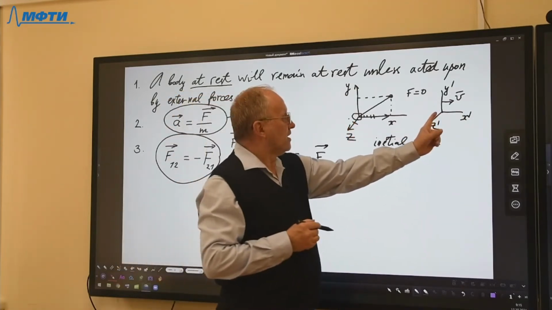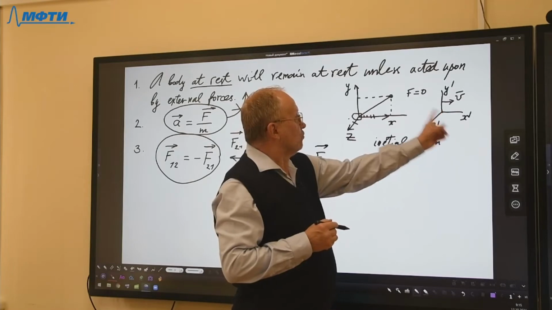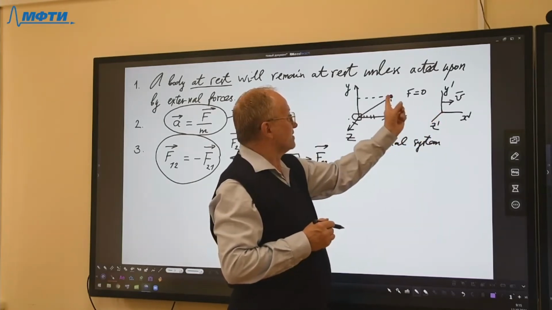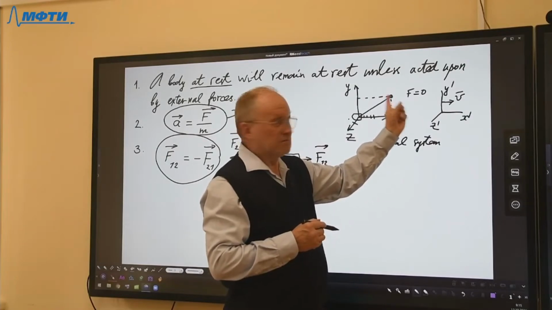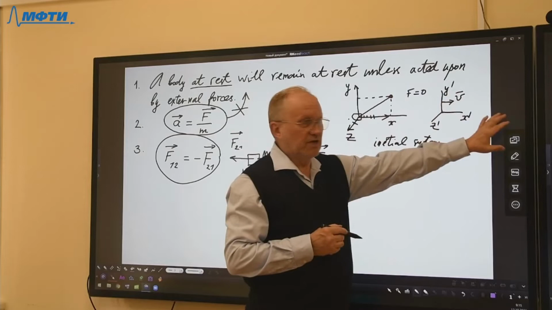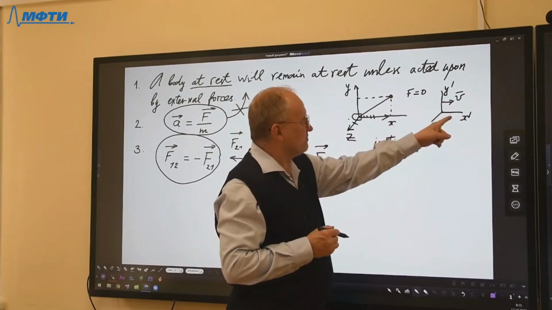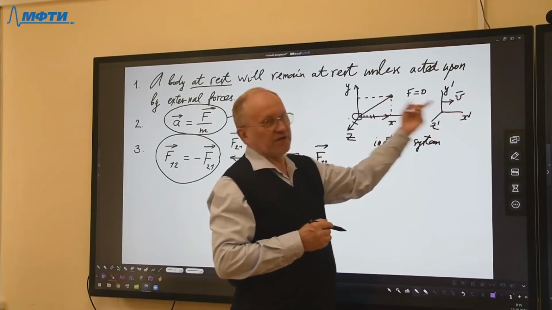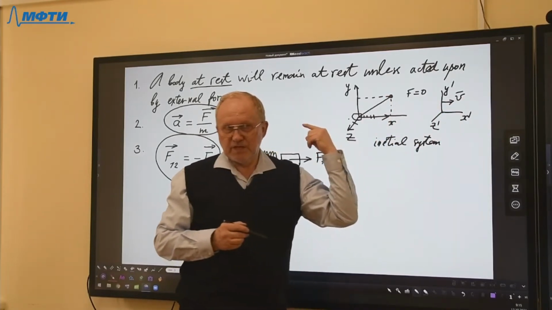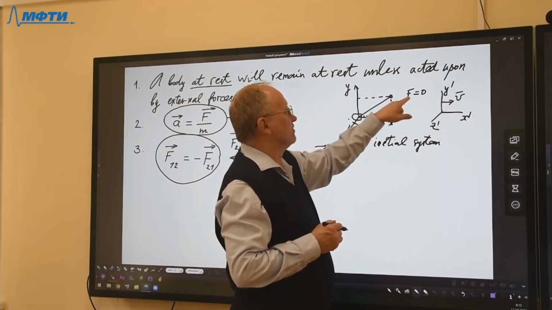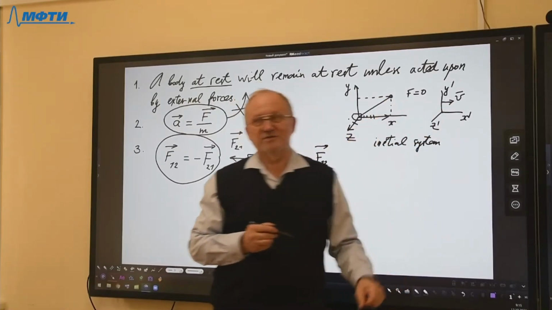Then, if you look at this material point from the second reference frame, you will see that this point is not at rest. It keeps moving because this reference frame moves. With respect to the second reference frame, the material point will have some velocity, minus v actually. And this velocity will be constant. It will not change if there are no forces acting on the body.